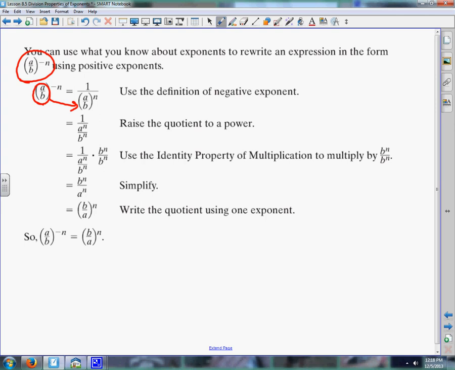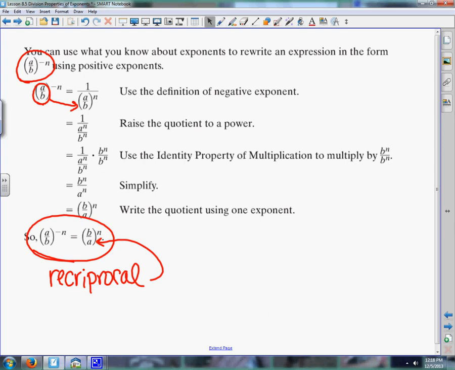So what happens, if you look down here, is if you have anything raised to the negative power, you are going to flip it and it becomes the reciprocal. So the reciprocal is your answer. So the b goes on top and the a goes on the bottom, and your n becomes positive. So that's how you can flip those around pretty simply.